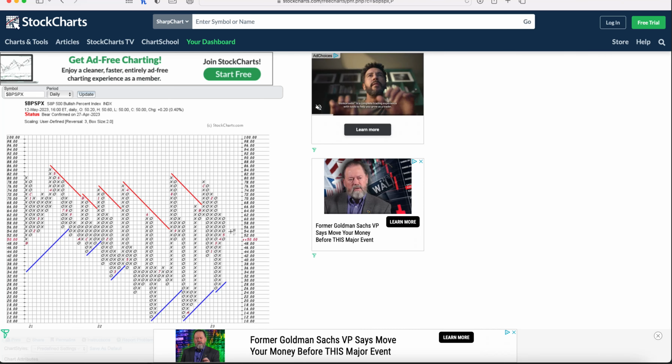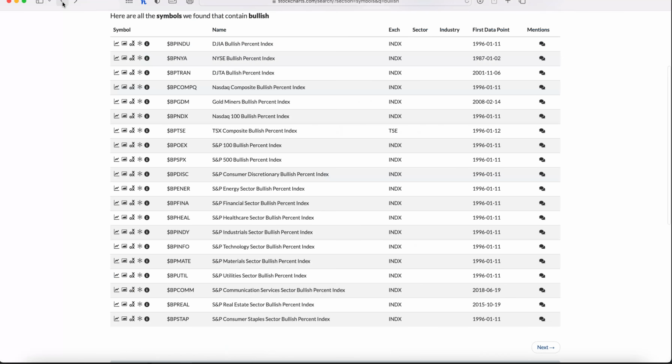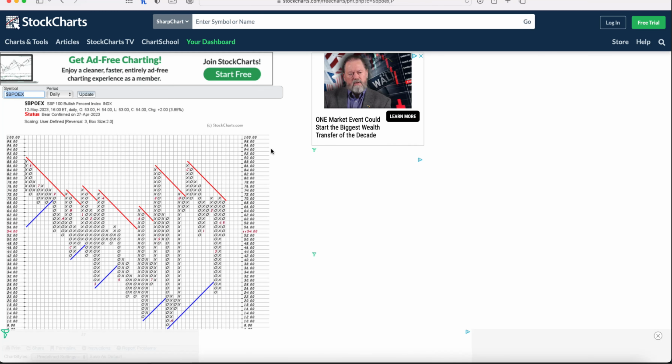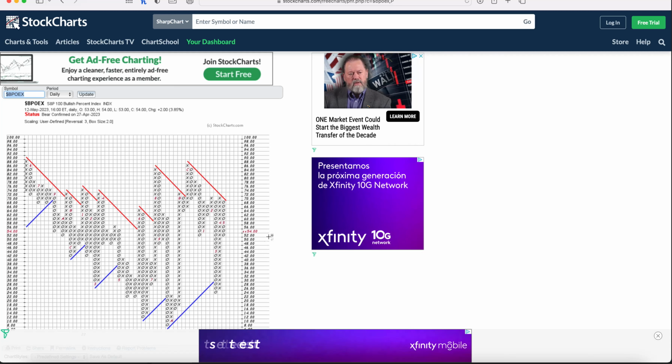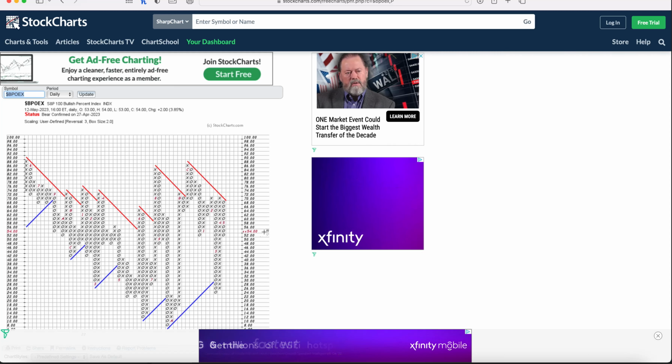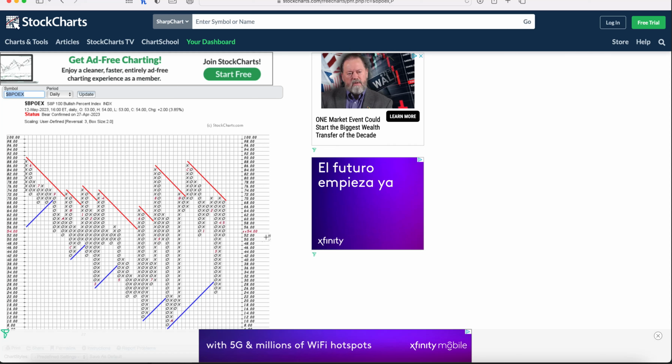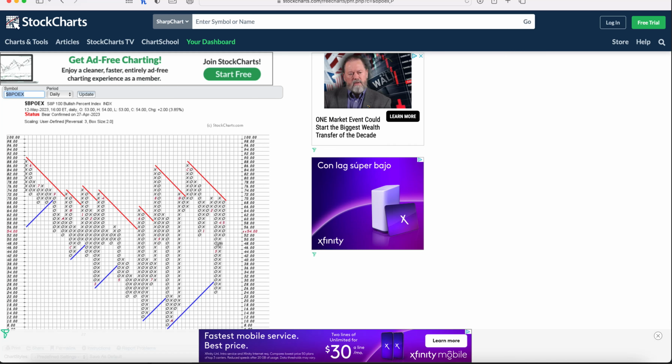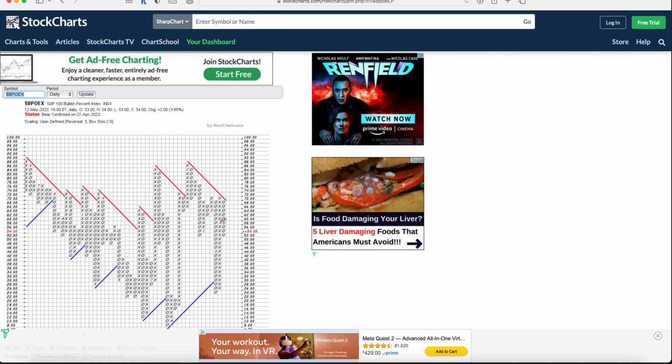Let's do the OEX. The OEX is the S&P 100, and so there's 100 stocks here. 54% of them are on a point and figure buy signal, and we're on a point and figure sell signal because our most recent column of X's has not exceeded to the upside the previous column of X's, but the most recent column of O's, well, I shouldn't say the most recent because we're on a column of O's.